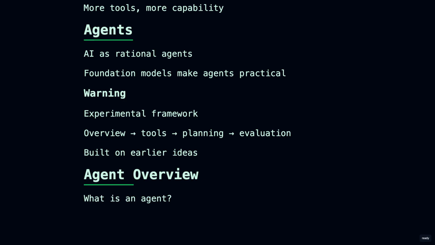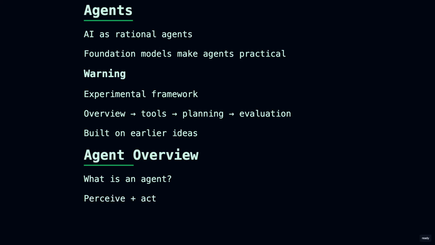The key question is simple: what can the system observe, and what can it do in response? An agent is anything that can take in information from its surroundings and then act on those surroundings. So every agent is defined by its environment and by the actions available to it.